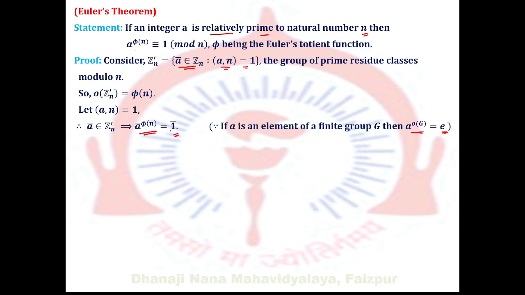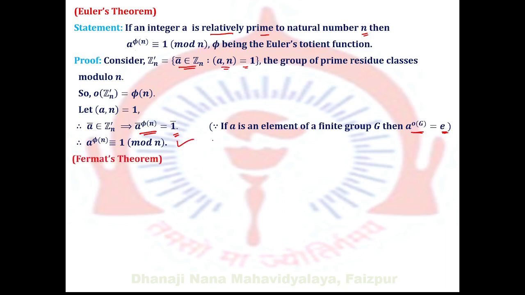So a bar raised to phi n is equal to 1. So thus a raised to phi n is congruent to 1 modulo n. So whenever GCD of a and n is equal to 1, then we have this result, which is Euler's theorem.